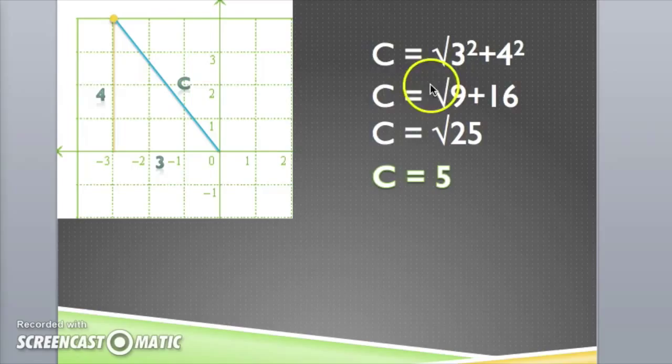C equals the square root of 9 plus 16. C equals the square root of 25. And finally, our result is C equals 5.